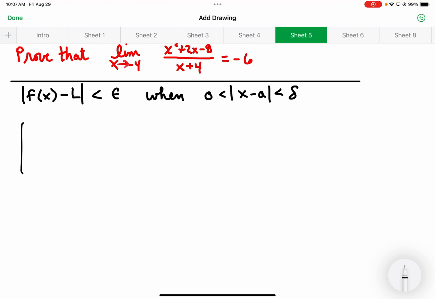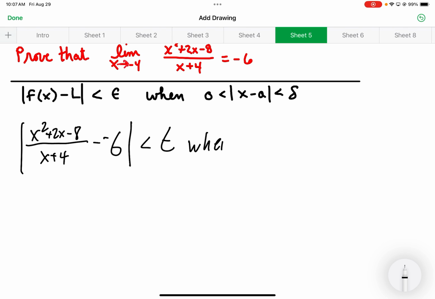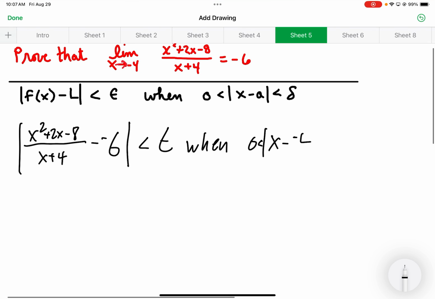The absolute value of f of x, x squared plus 2x minus 8 divided by x plus 4, minus L, which is minus negative 6, is less than epsilon when 0 is less than the absolute value of x minus negative 4, which is less than delta.